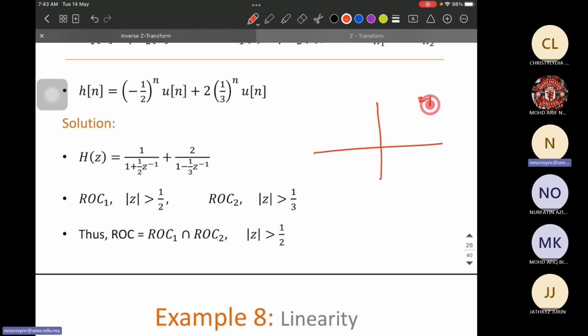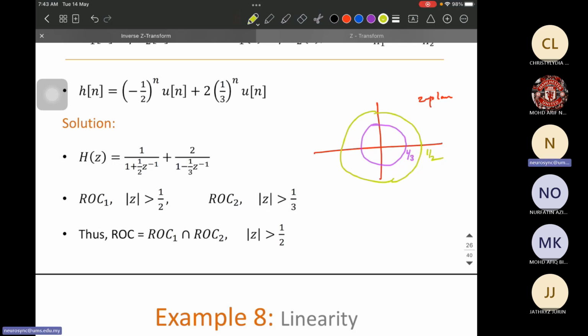the first ROC is 1 by 3, and this is 1 by 2.